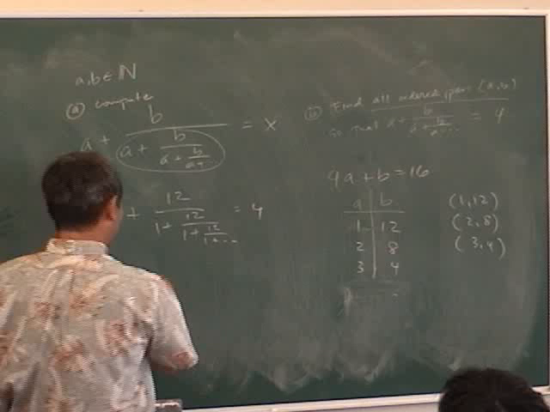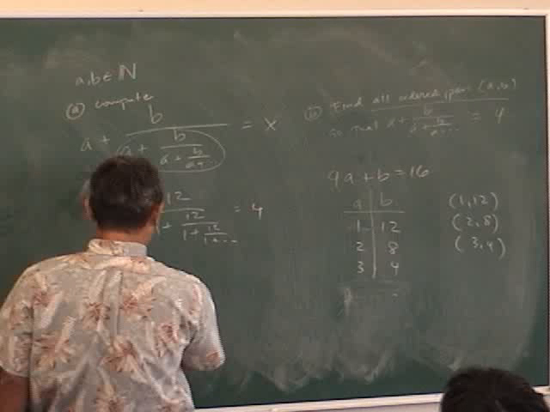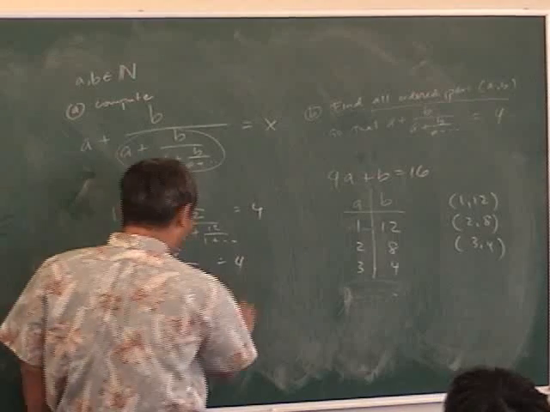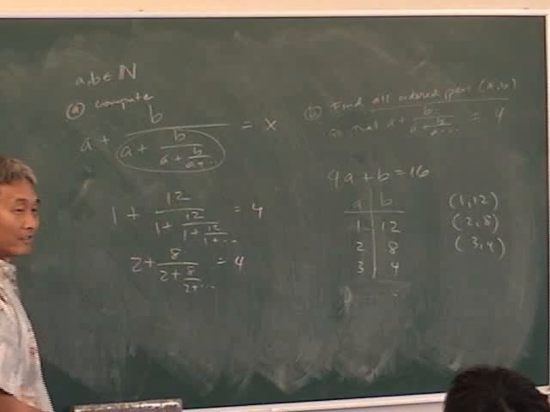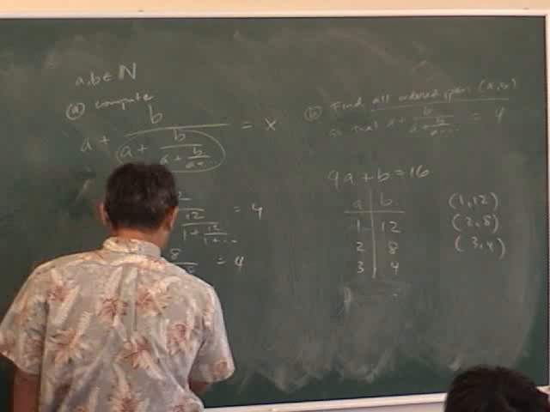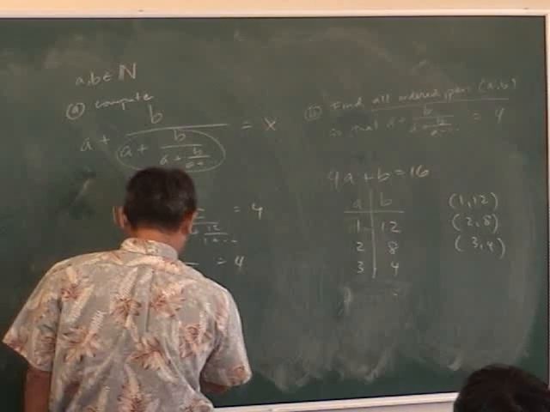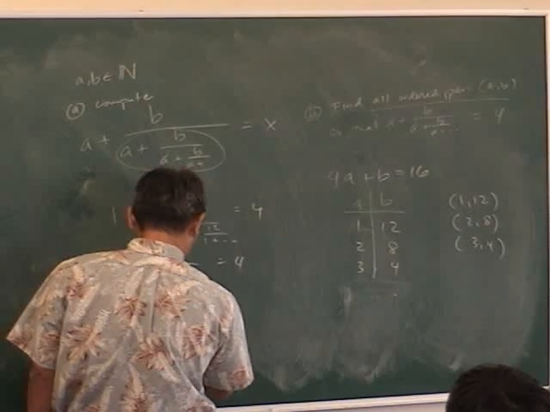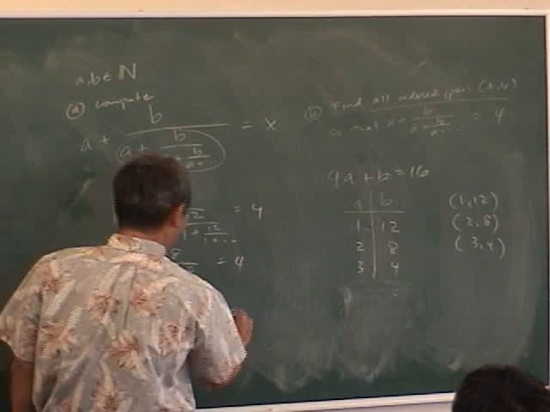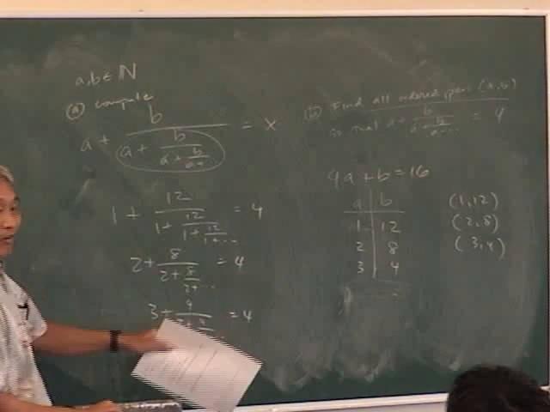Okay, what about 2 plus 8 over 2 plus 8 over 2 plus 8 forever? That's 4 also! What about 3 plus 4 over 3 plus 4 over 3 plus 4 forever? That's 4. All of these are 4.